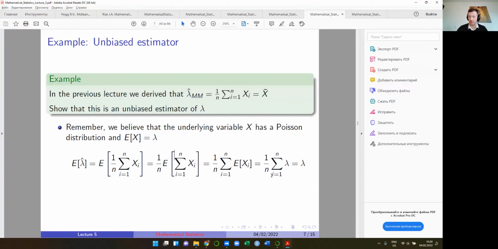What is the result? Lambda. That's a simple way to prove that our rule to estimate lambda based on the method of moments is unbiased. The best I can expect from my approach is lambda. So lambda hat by the method of moments is an unbiased estimator for lambda.